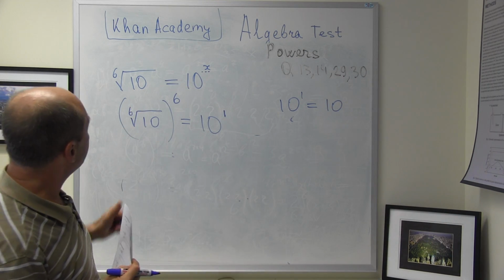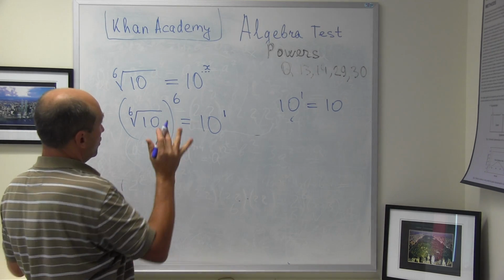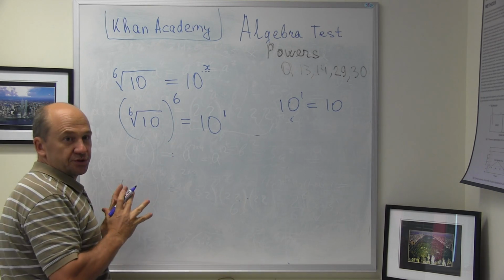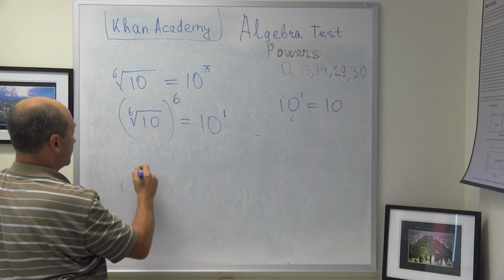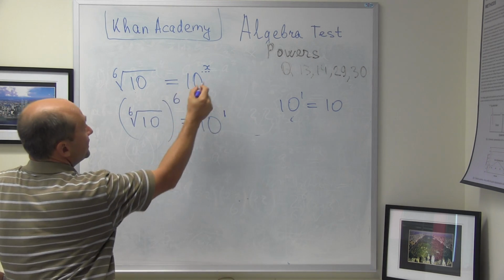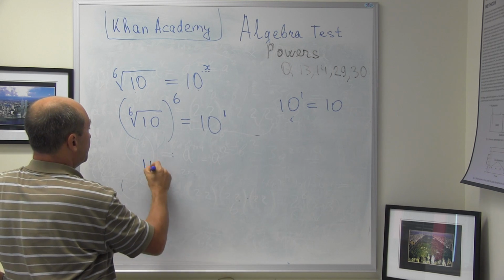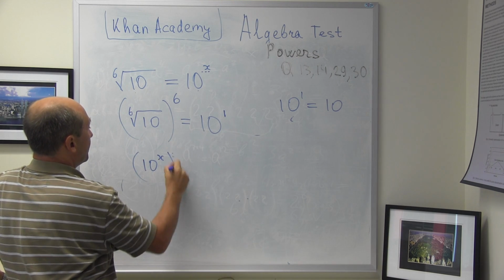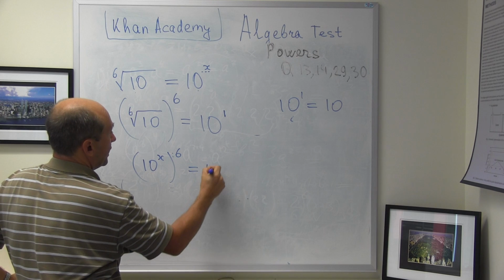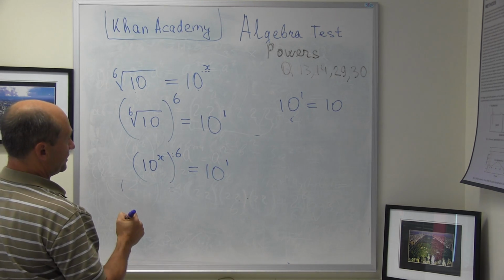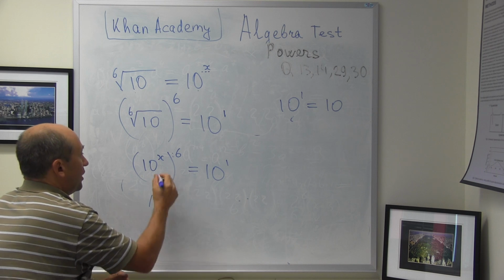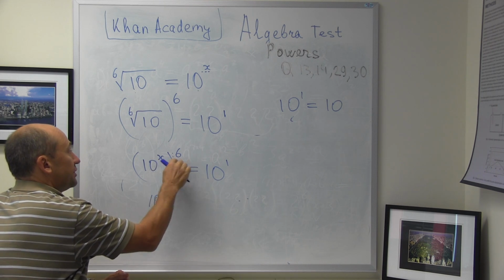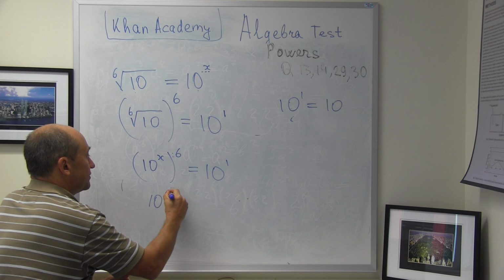Now, how could we achieve that? Well, we'll use the rules that we just revised. What we'll say is we'll replace these by these, putting x in place of the number that we don't know. And we want to keep this equality. Now we expand these, and when we expand that we need to multiply 6 by x.